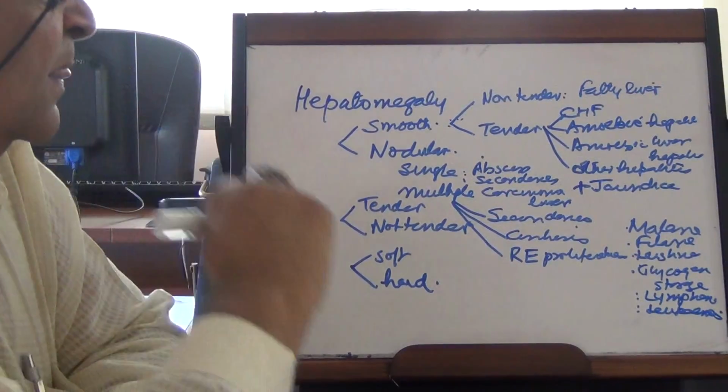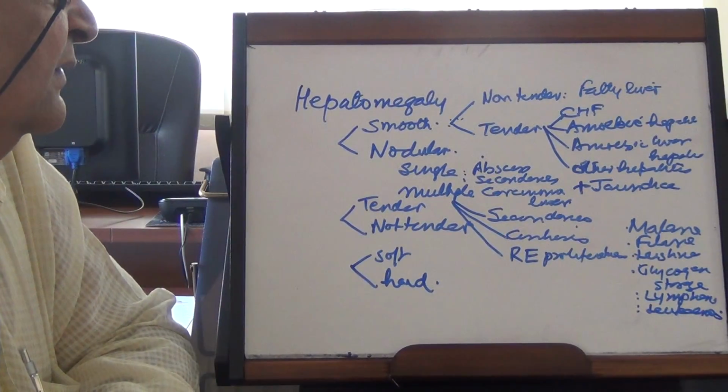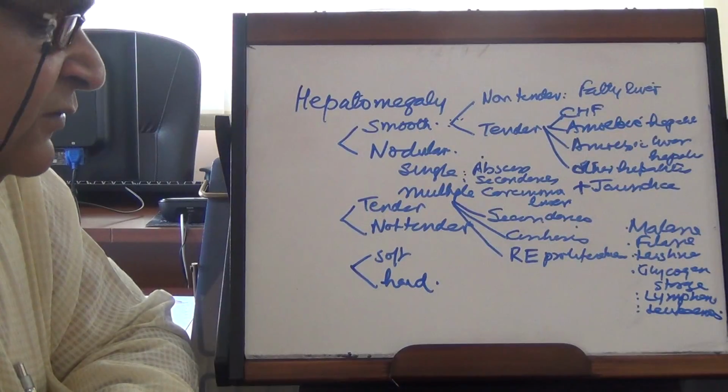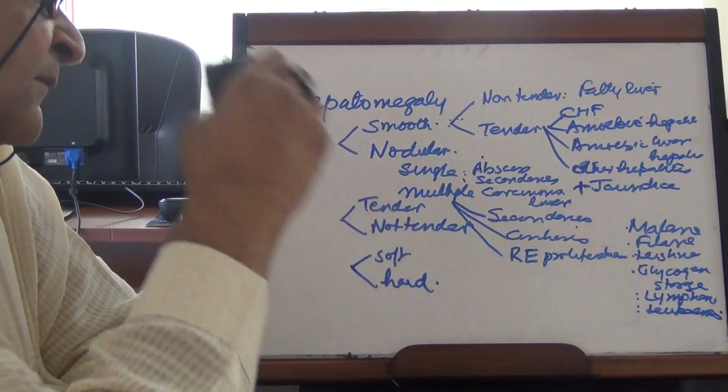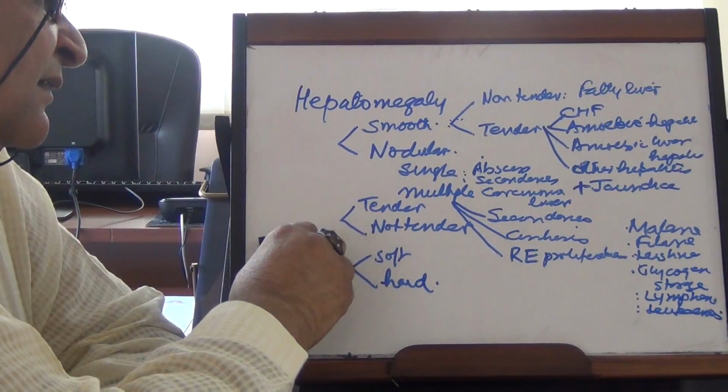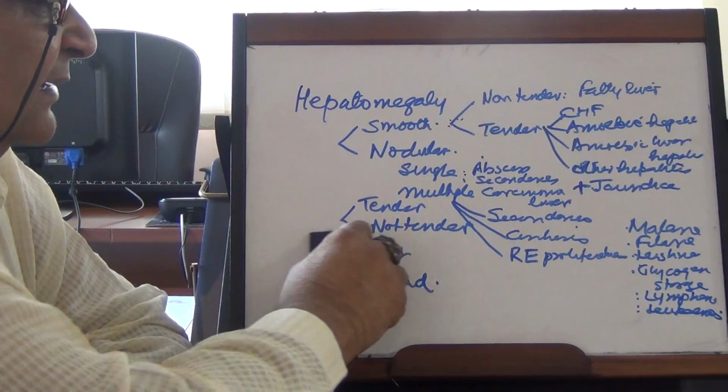All right. So basically, what you have to think of in hepatomegaly is smooth or nodular, hard or soft, tender or non-tender.